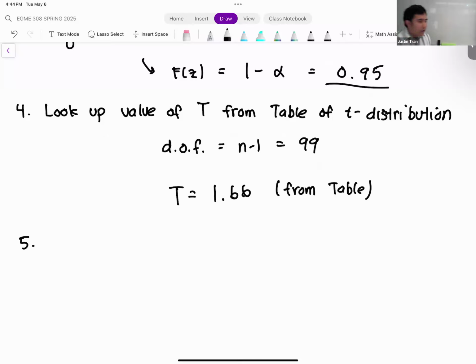And so now that we have that t value, we can go in and decide whether to accept or reject our hypothesis. But in this case, since we don't have the data yet, we're going to compute the threshold on which we are going to accept or reject.